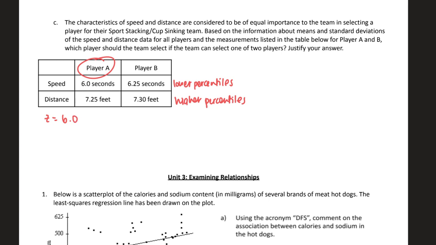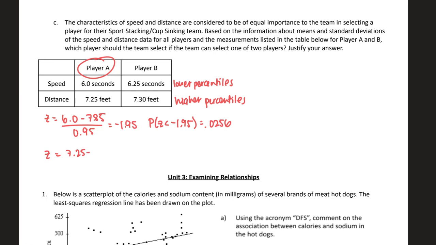So speed, the mean is 7.85 divided by 0.95, and that gives me negative 1.95. And to calculate the percentile, we're looking for a negative 1.95, and that gives me 0.0256. So that's really like the 2.5 or the third percentile. Now we're going to do the z-score for distance.